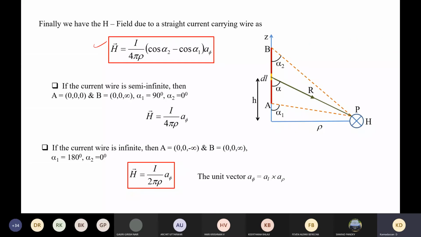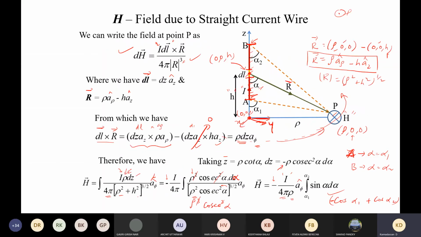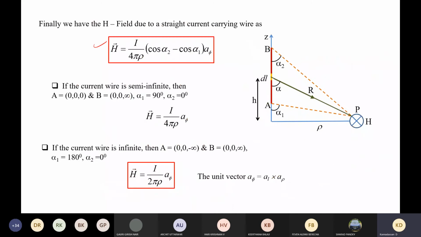So this is very, very simple. You can see that within one page itself, we have derived the expression for the magnetic field for a current carrying conductor of finite length L. This length L is defined in terms of alpha, so that's a minor difference you should always see there. The magnetic field highly depends on the current I: as the current I increases, the magnetic field strength will increase.